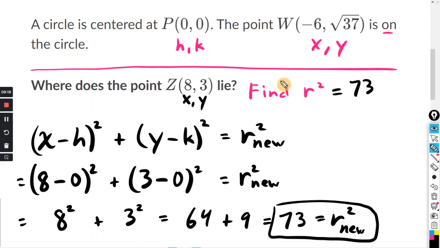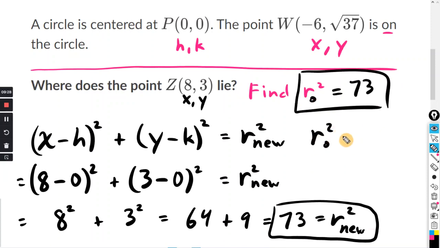Okay, so we found the original r squared was 73, and the new one is also 73. So we said if the original r squared equals the new r squared, the point is going to be on the circle.